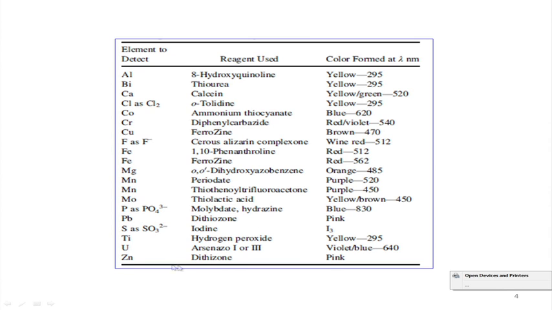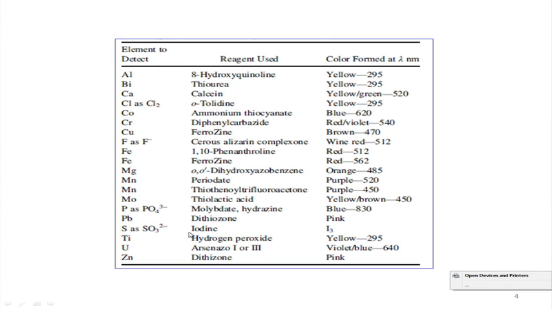You see that common reagent, which is for lead and also for zinc, and in both these cases the color is pink. But sometimes we will find that the same reagent can give rise to two different colors for one metal ion and the other metal ion. So, the same reagent we can use for detection even in a mixture.